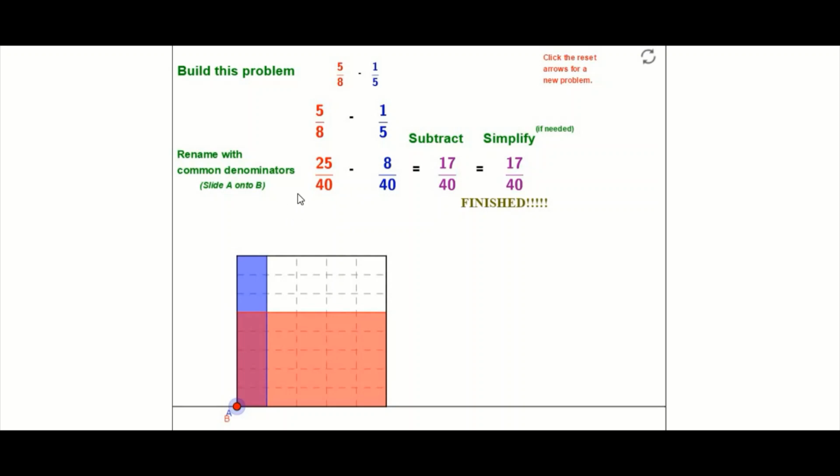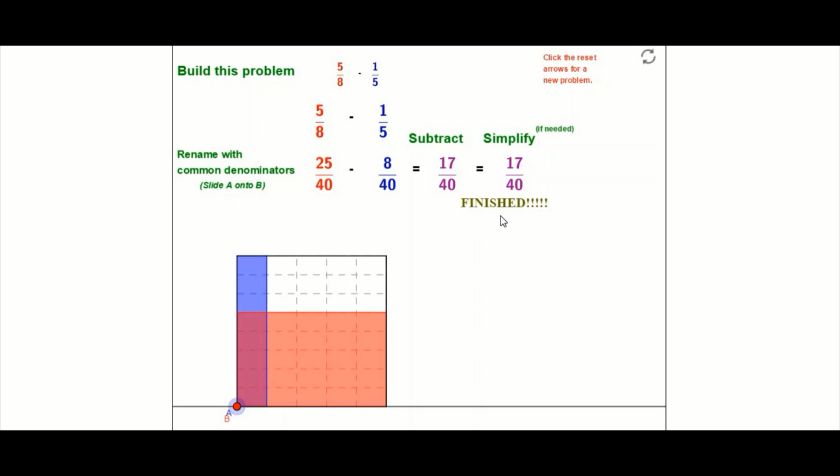Both denominators are the same, so you keep the denominator of 40 and you simply subtract the numerators. So 25 minus 8 equals 17. So your final answer is 17 over 40 and you are finished.